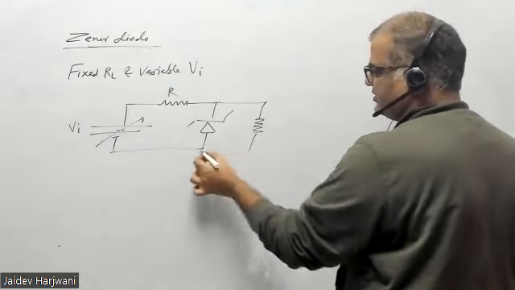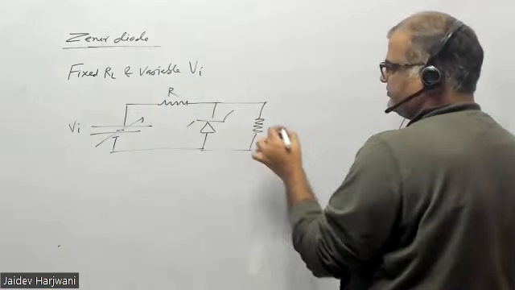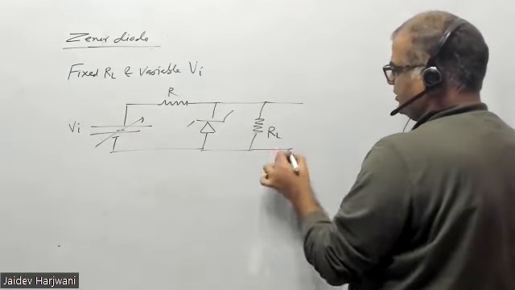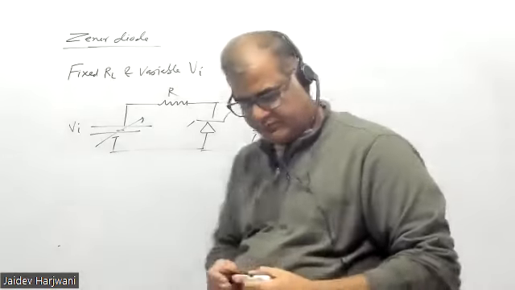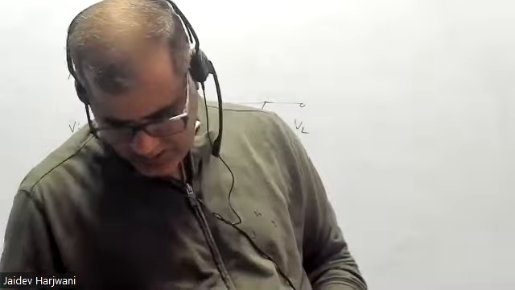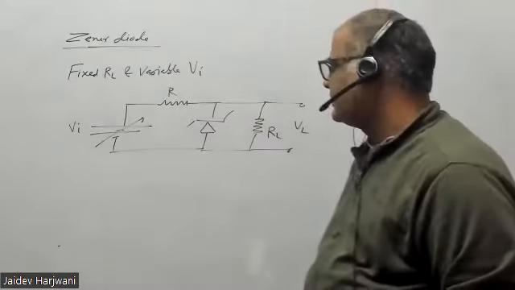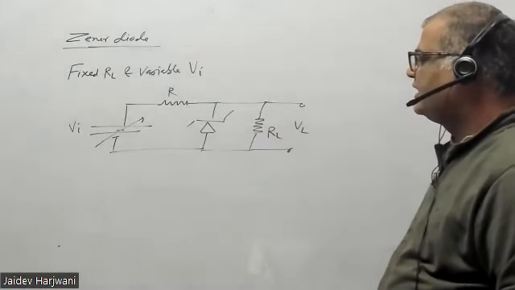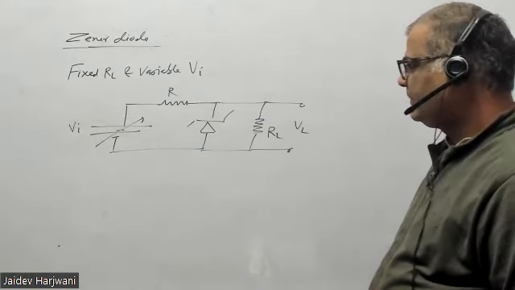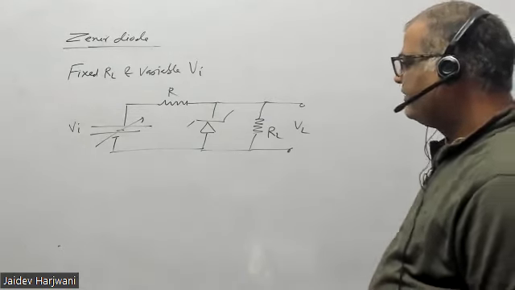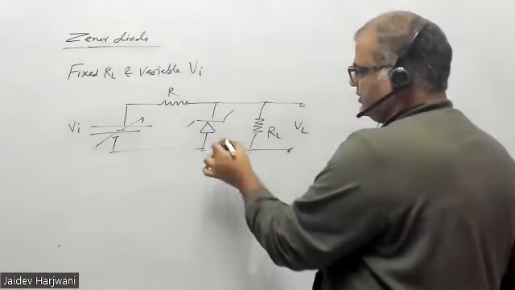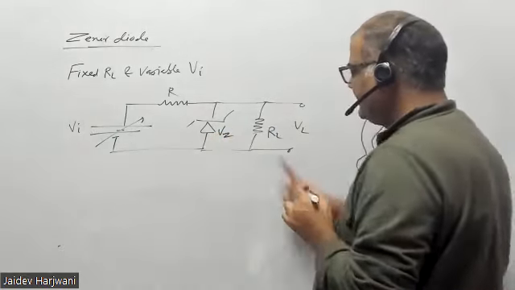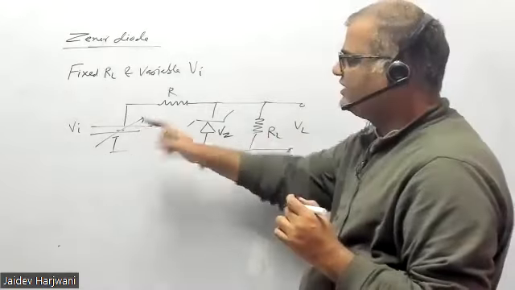Now RL is fixed. I want to make this diode on, keeping this fixed and varying this one.